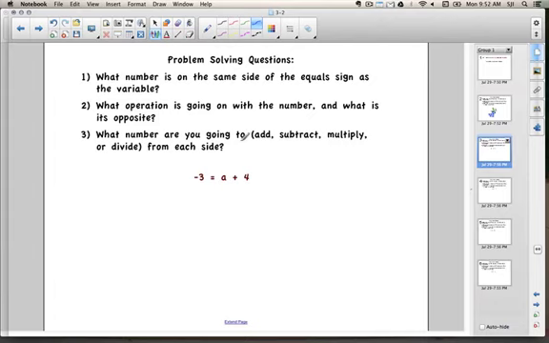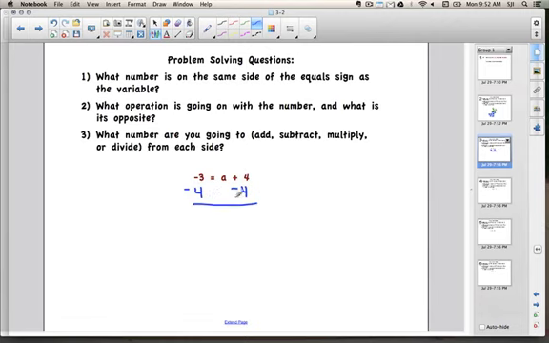So the last question, what number are you going to add, subtract, multiply, or divide from both sides? You're going to subtract 4 from both sides, because I got subtract for question number 2, and I got 4 with question number 1. So I'm going to show that by going minus 4 here. And remember, whatever we do on one side of the equal sign, we're going to do on both sides of the equal sign.